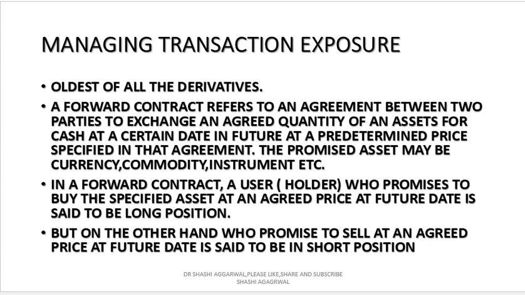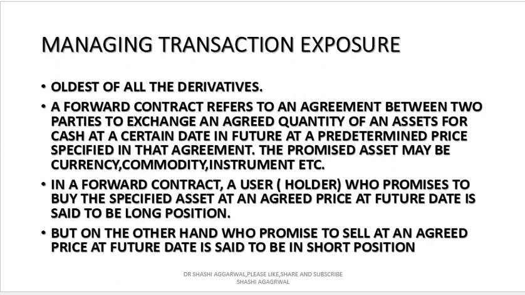At the time of making the payment, I will get the US dollar at 70 rupees 95 paisa. If the rate is 73, here I am gaining. If the rate is 70.10, then I am having a loss. But due to the forward contract, I am going to minimize my risk.